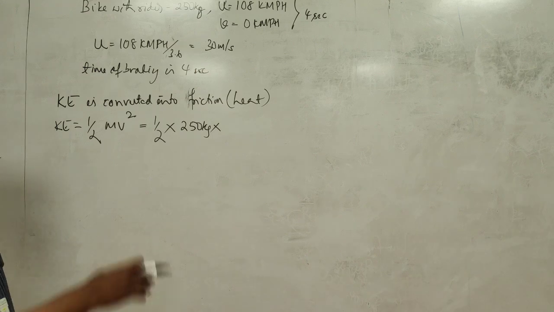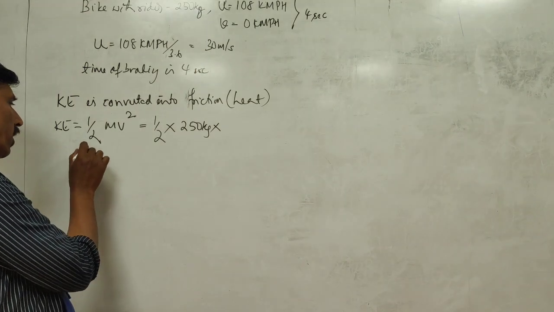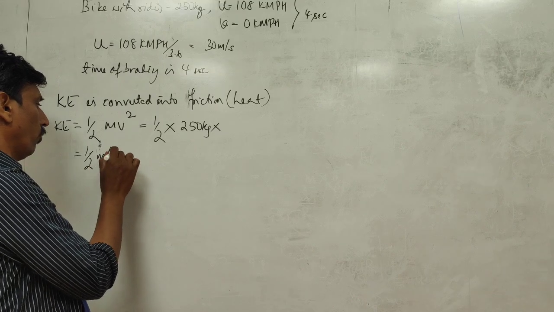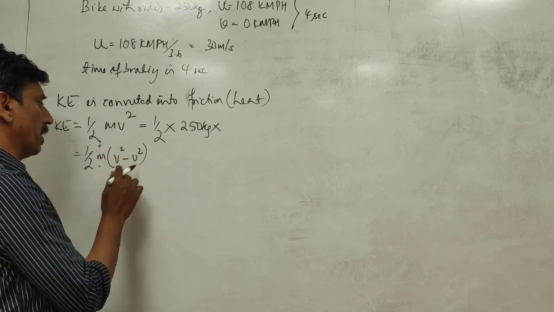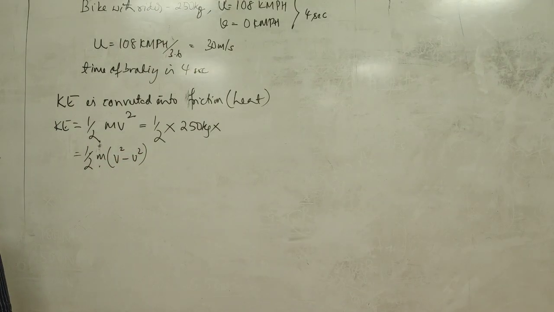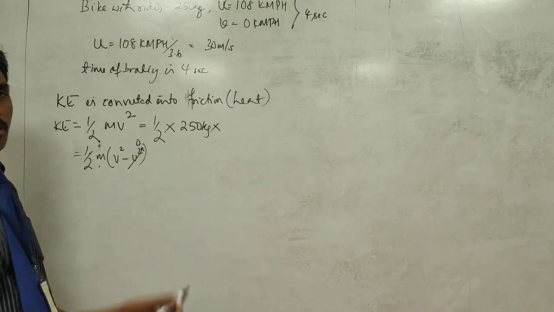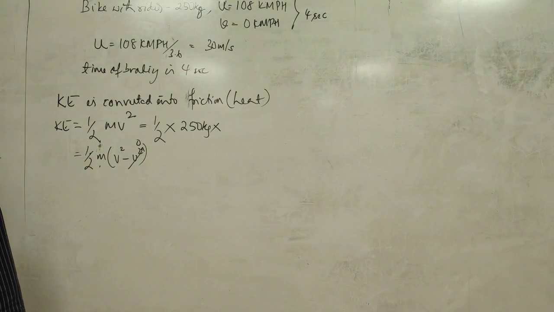Basically we can write this equation as half into m into (v square minus u square). If all the velocity is lost, the final velocity is 0, and therefore this u will become 0.